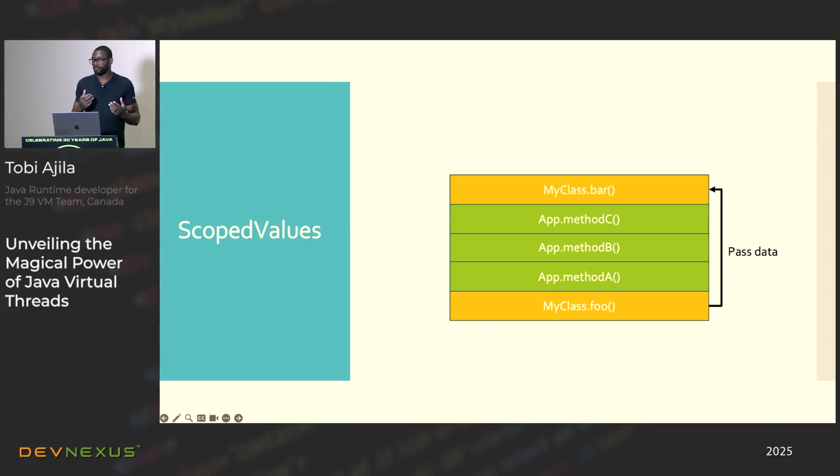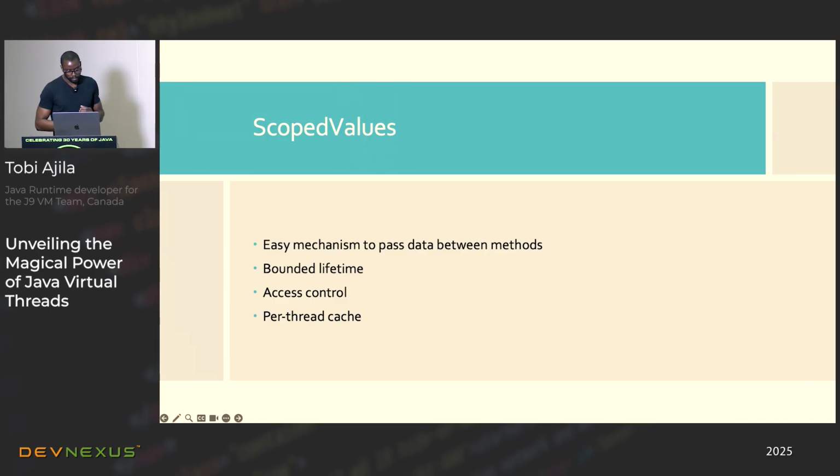In the past, a lot of people have used thread locals for this reason. One of the goals is that this will replace thread locals eventually. It's an easy mechanism to use.